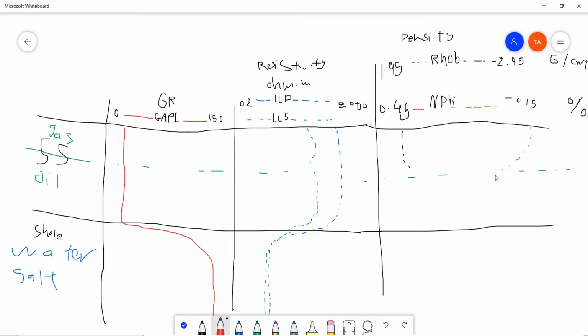Oil has higher density, so it will be like this, and the same for bulk density. And when it reaches shale, it will be high, and the same for neutron.